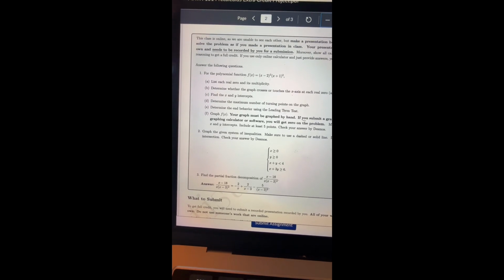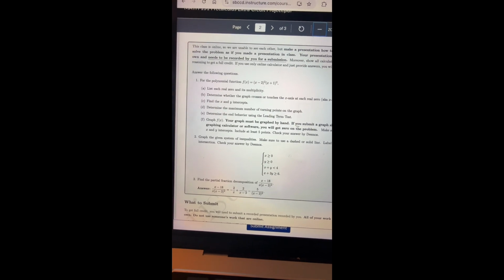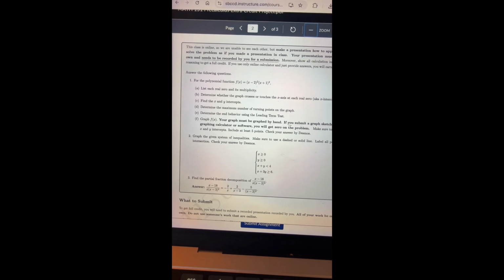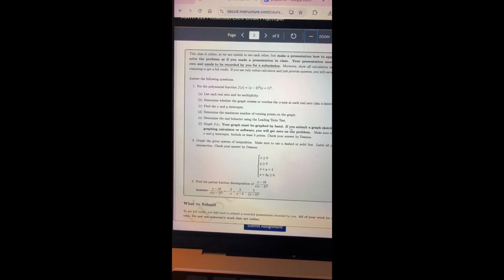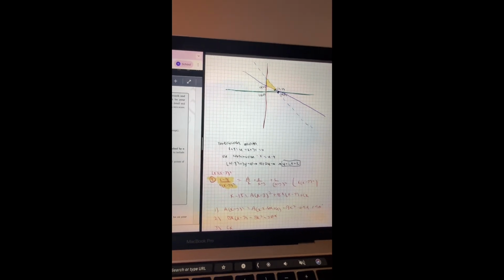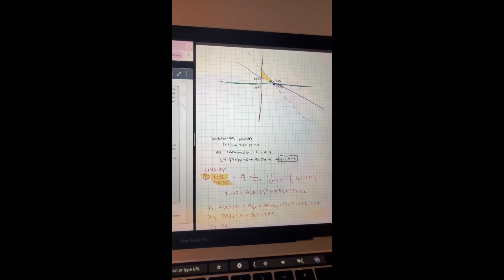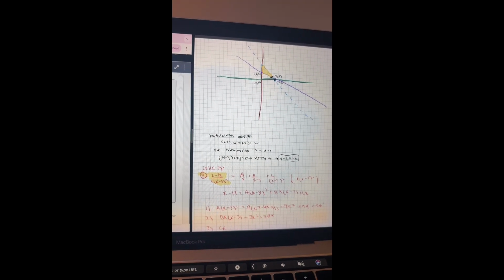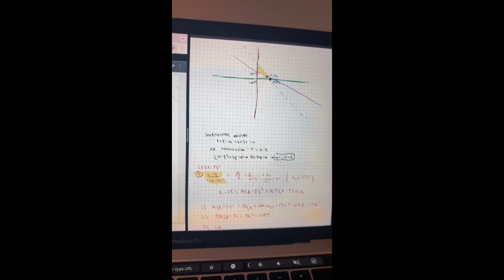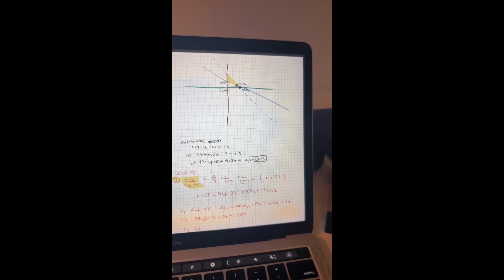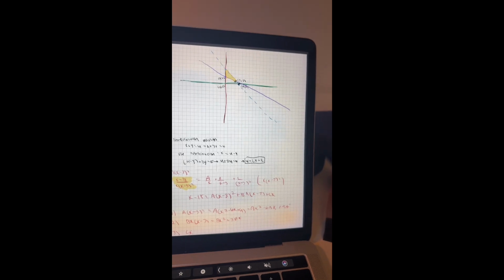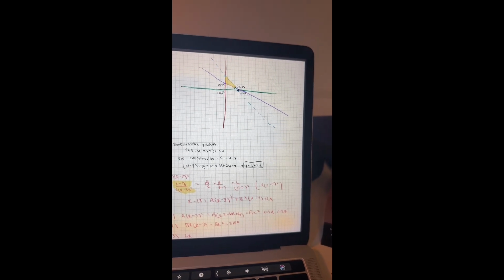And then for 3, it says to find the partial fraction decomposition of (x minus 18) over x times (x minus 3) squared. So right here, I just rewrote the problem, and basically you just use the general form of decomposition, which is (x minus 18) over x times (x minus 3) squared equals A over x plus B over (x minus 3) plus C over (x minus 3) squared.